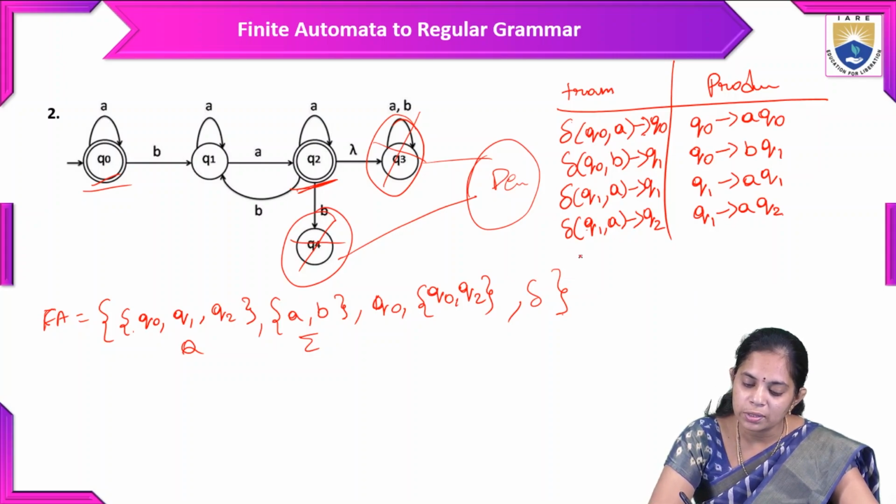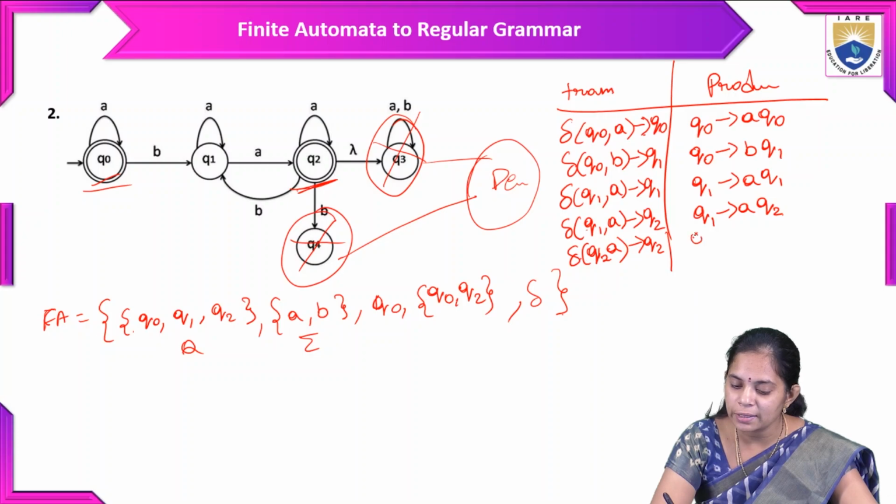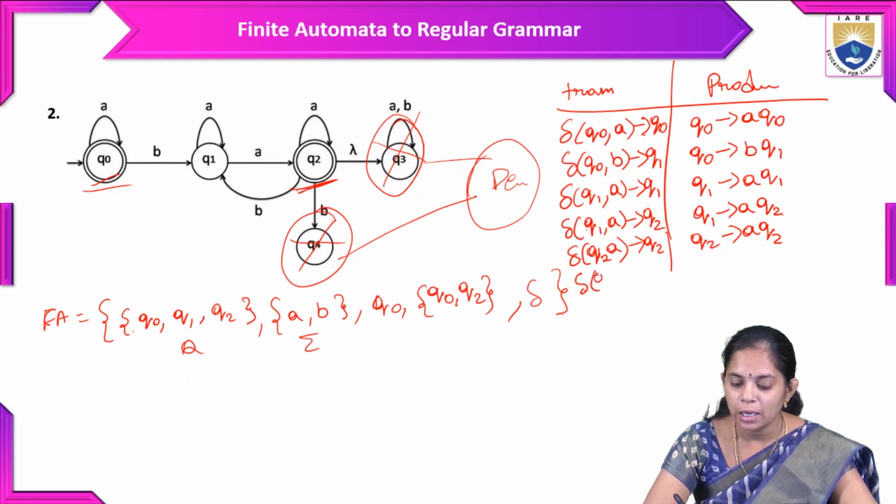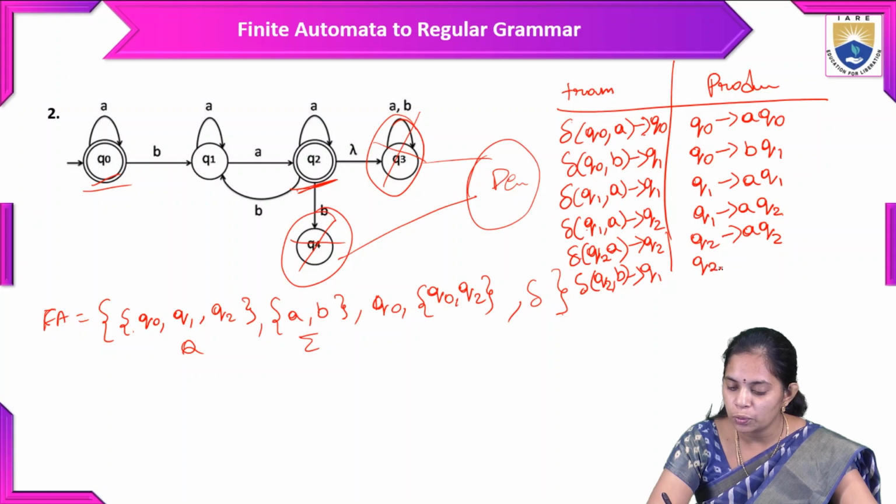And this transition of Q2 with the A input symbol is reaching Q2, and this is written as Q2 tends to A Q2. And last, Q2 with B as an input symbol is reaching the Q1 state. So Q2 tends to B Q1.